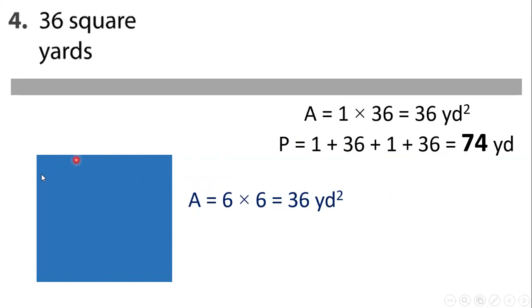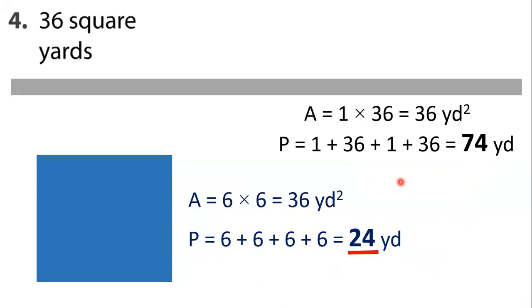All four sides here are 6 yards long. So the perimeter of this rectangle is 6 plus 6 plus 6 plus 6 equals 24 yards. Which rectangle has the smaller perimeter? The blue rectangle here has the smaller perimeter because 24 is smaller than 74.